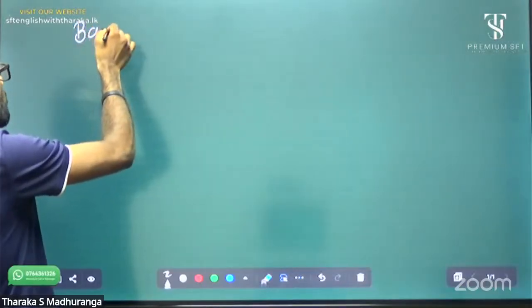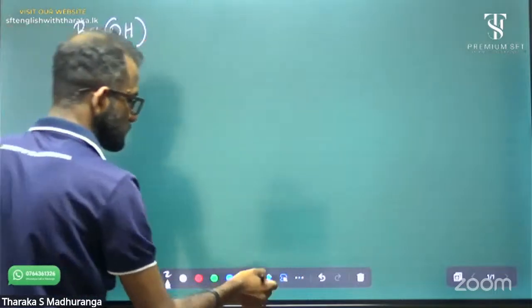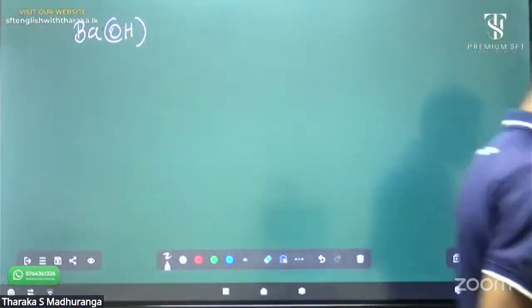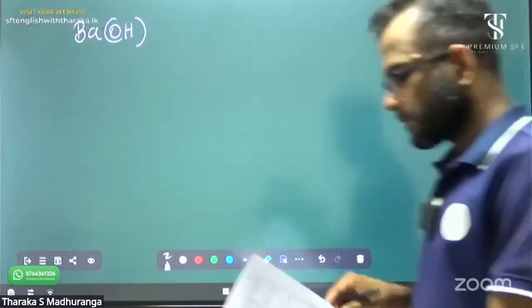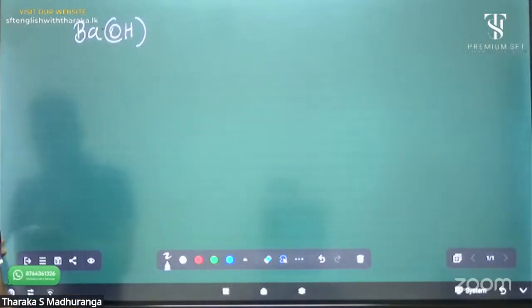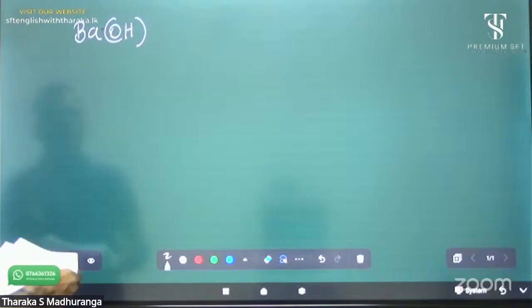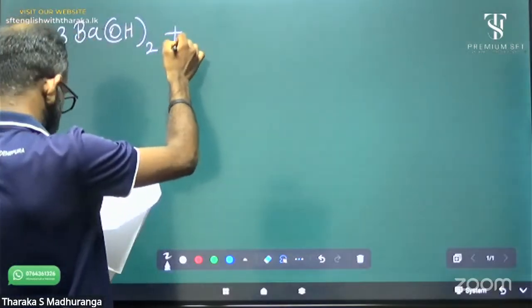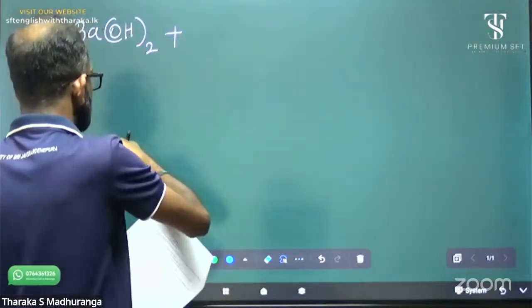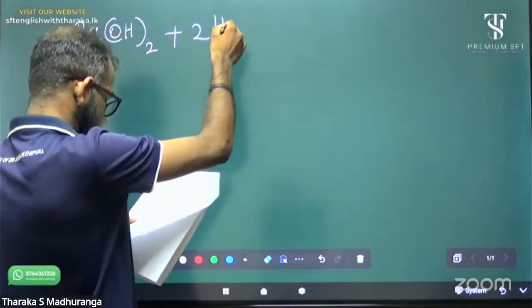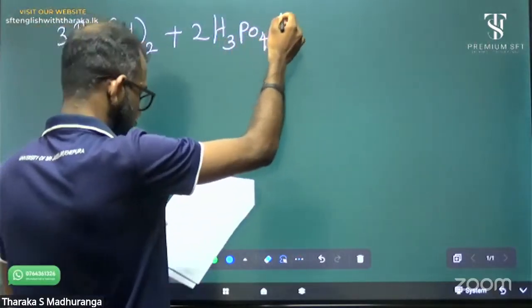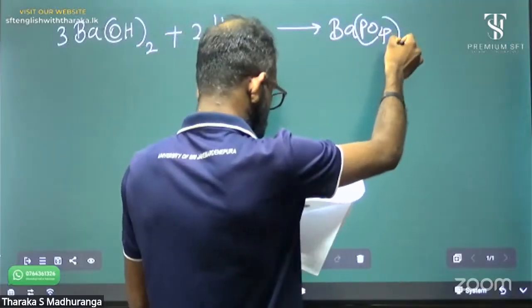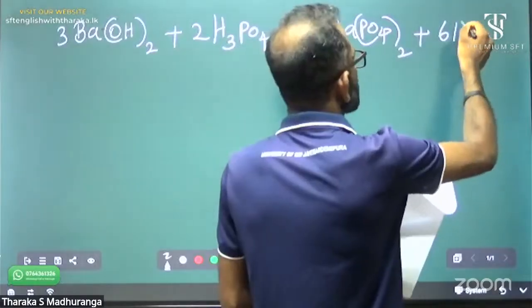Barium hydroxide plus 2H3PO4 gives barium phosphate twice plus 6 water, 6H2O.